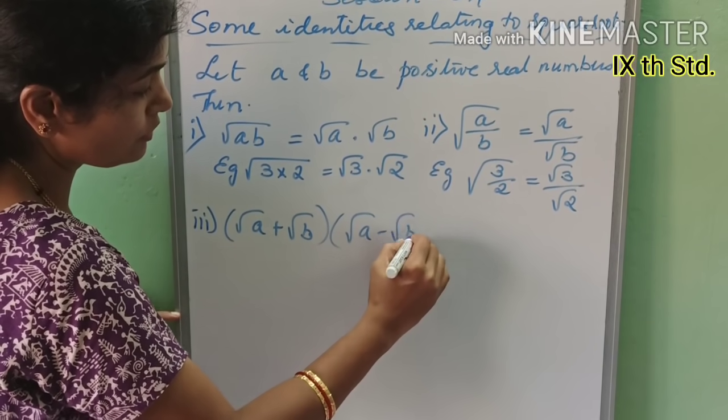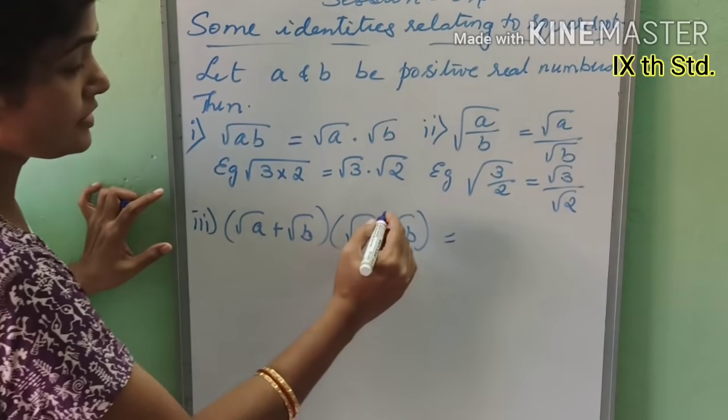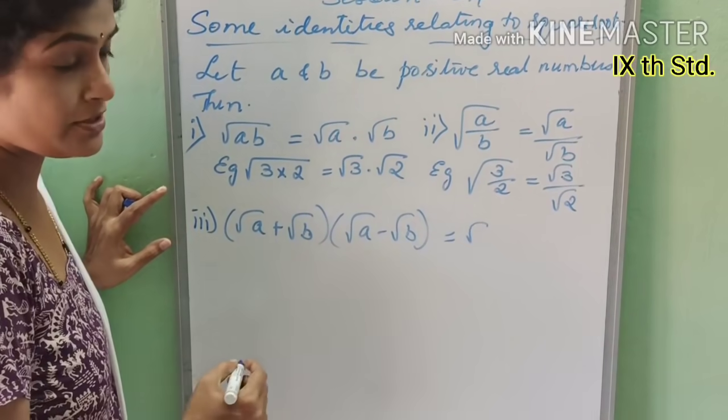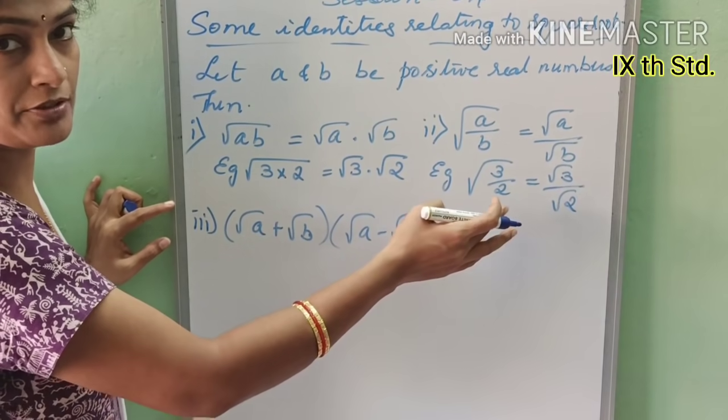Then third one: root A plus root B into root A minus root B. This is of the form (A plus B) into (A minus B), so this is equal to A square minus B square.